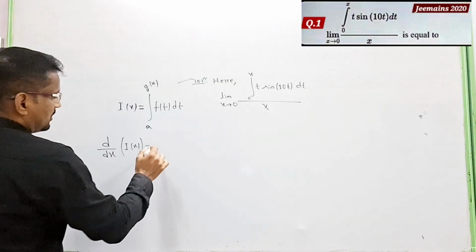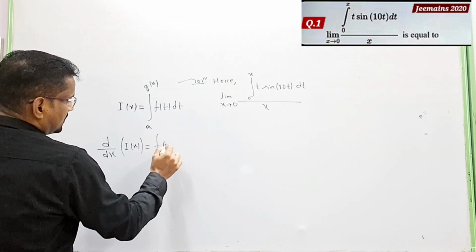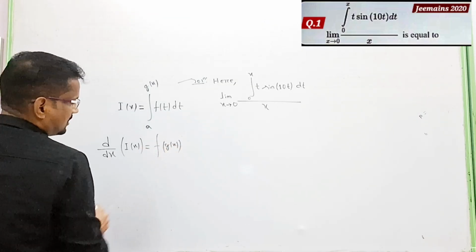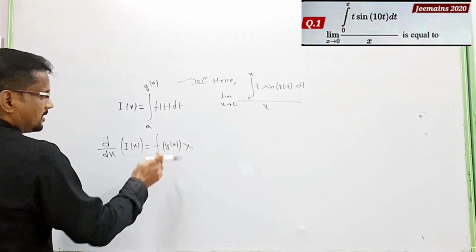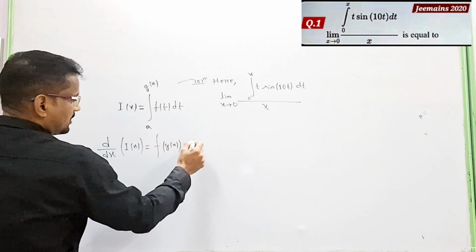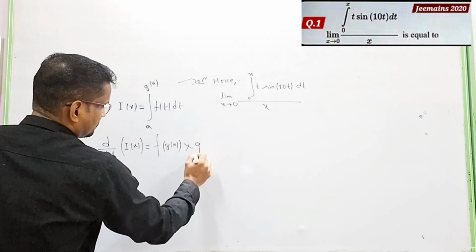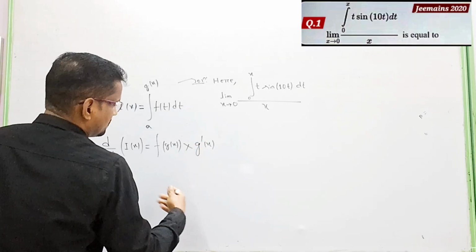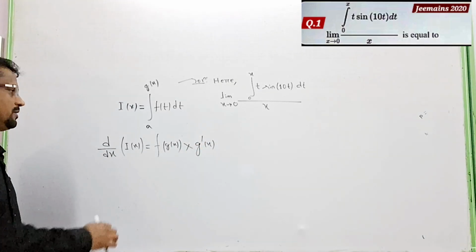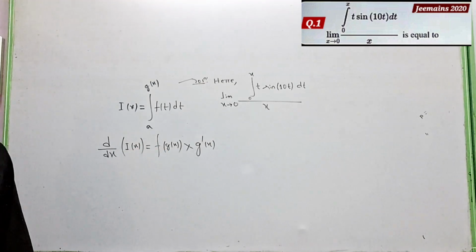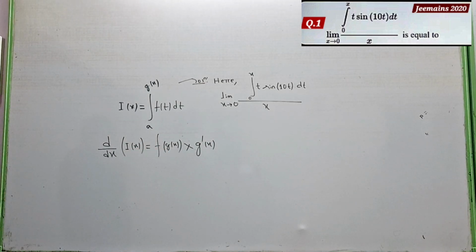Then it will be f of g(x) into the derivative of the upper limit, or simply let me write g'(x). So that means the derivative is obtained. This is your Newton-Leibniz rule.